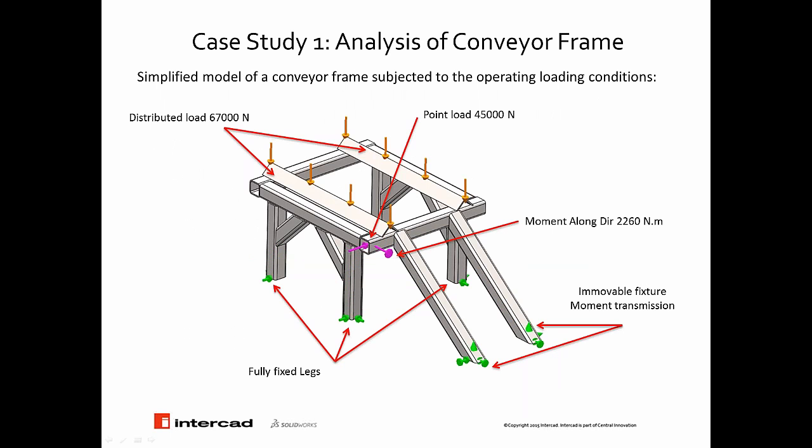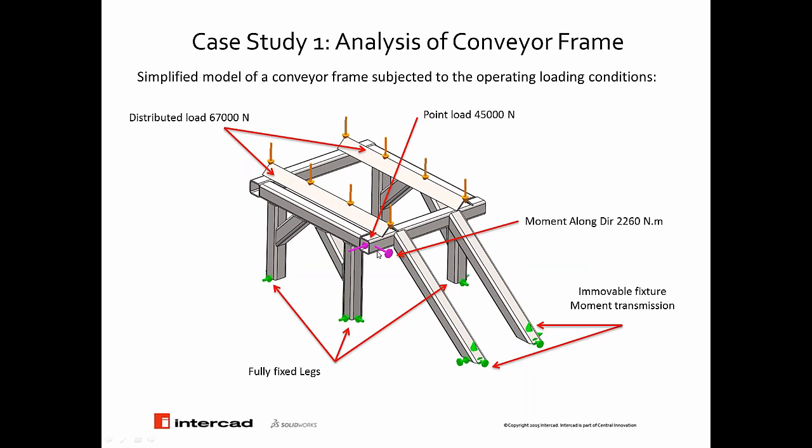Okay, now it's time to look at our case study. The first case study we are going to introduce is a conveyor frame, a simplified model, and there are some operating load conditions on it. You can see we have a distributed load of 67,000 Newton on these two components.